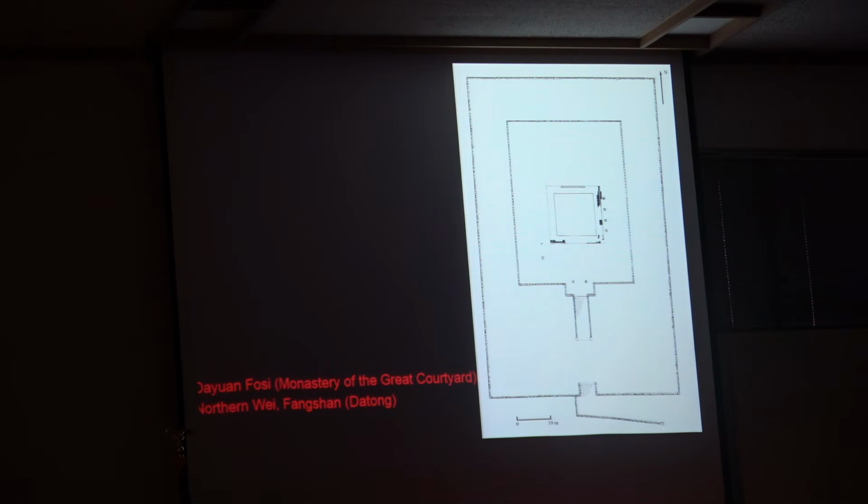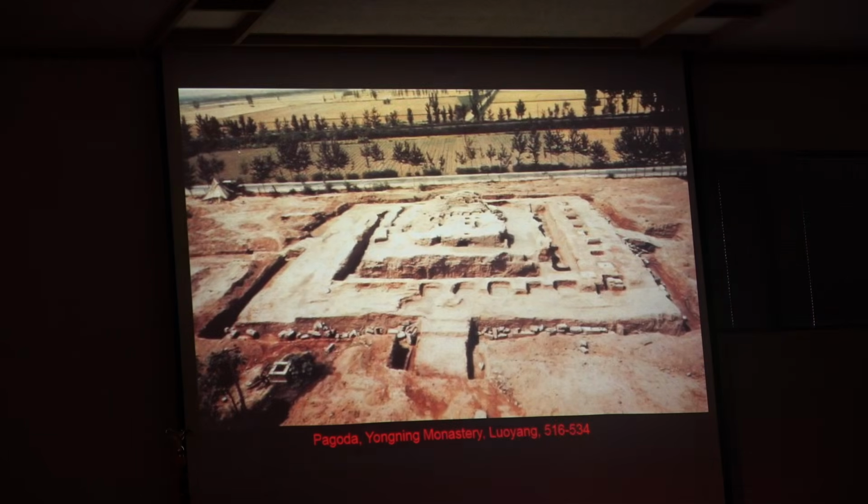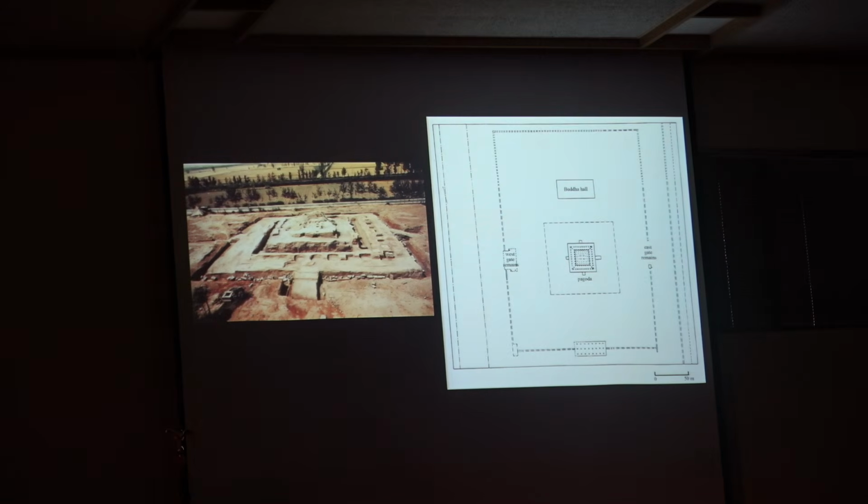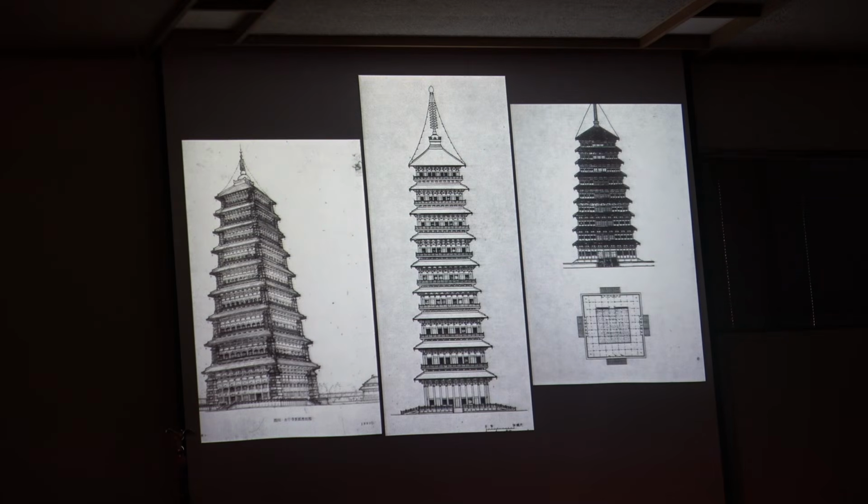A central core with construction around it, and it's not clear how much wood there was and how much is built up with earth. But it's the reconstruction plan of the core. We have a gate, we have a towering pagoda, and now we have a Buddha hall behind it. Directly behind it, one straight line. So I've gone from before 493 to 516. And this is the pagoda I showed you at the beginning.